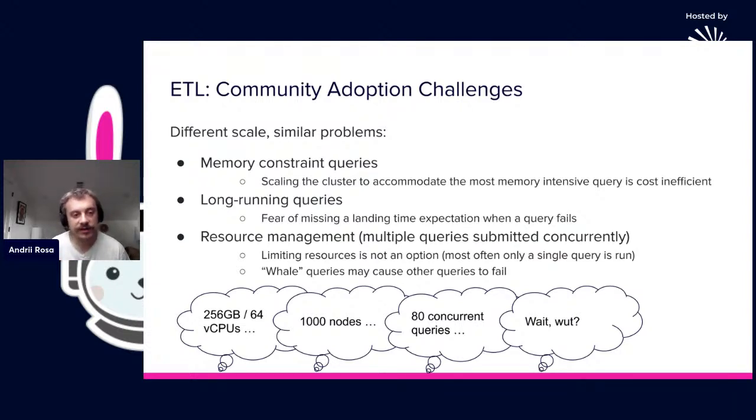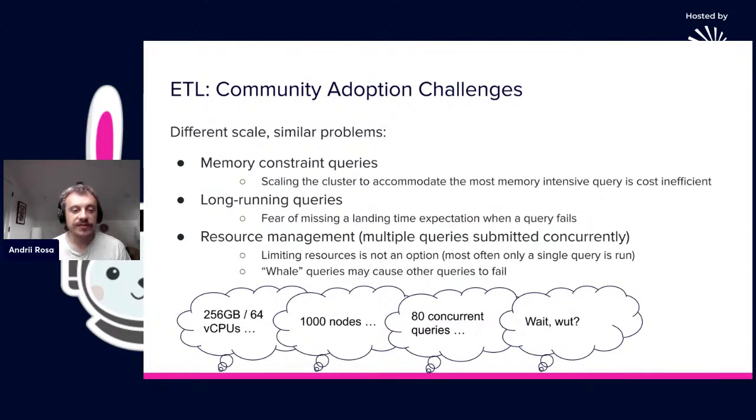So together with Brian Jen, my former colleague from Facebook, we ran a number of customer interviews with Starburst customers. We also talked to a bunch of users from the Trino community to better understand why the community is hesitant about running batch ETL workloads in Trino.